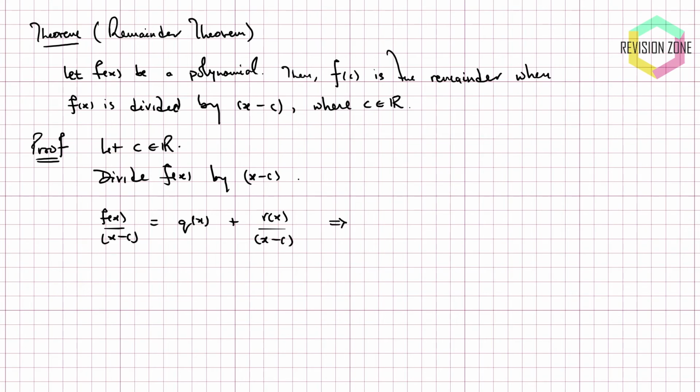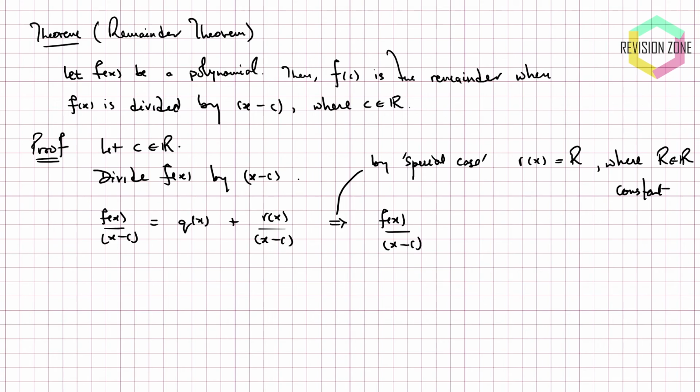But now we can say, by the special case that we considered, r of x equals r, where r is a real constant. So in other words, f of x over x minus c is the same thing as q of x plus r over x minus c, right? And this makes good sense because the degree of the remainder is less than the degree of the divisor, and that's precisely what proposition 1 told us.